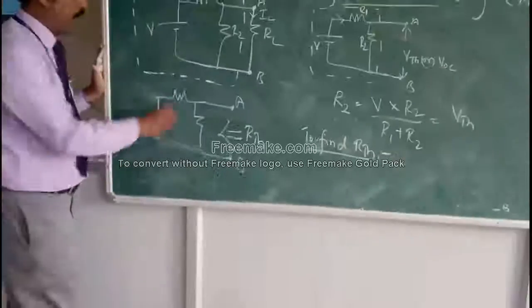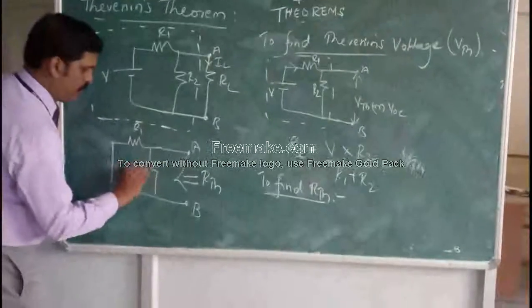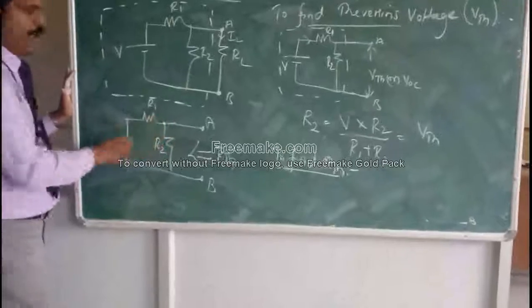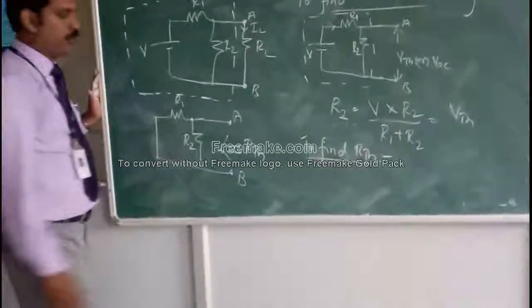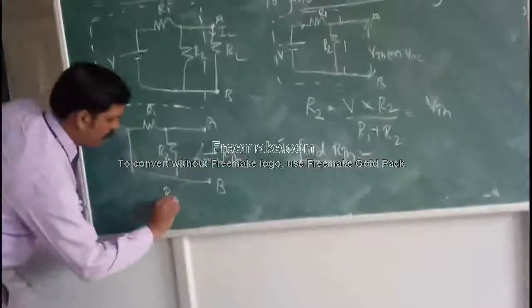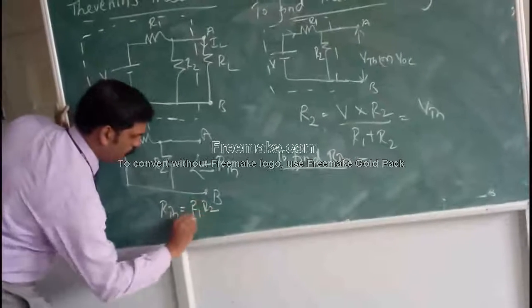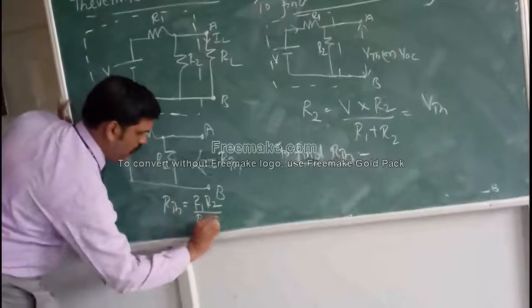So I have short circuited it, and now R Thevenin is simply, I can see at this point within the branch, R1 and R2 are in parallel. So my R Thevenin is equal to R1 R2 divided by R1 plus R2.